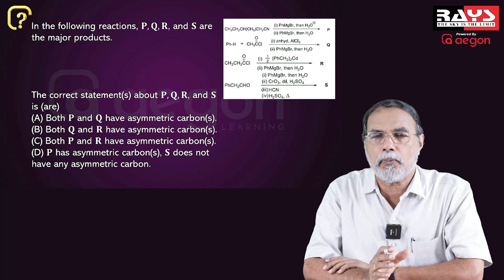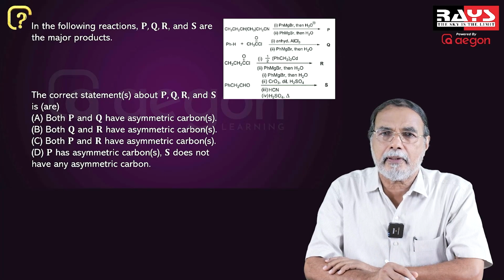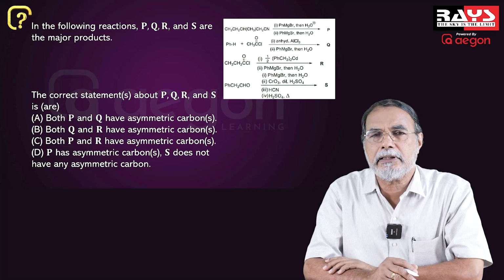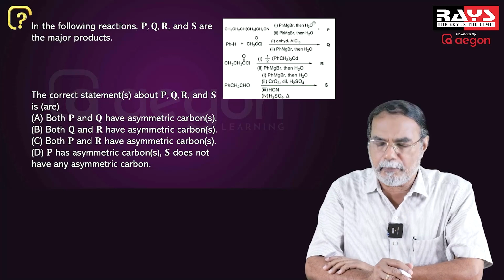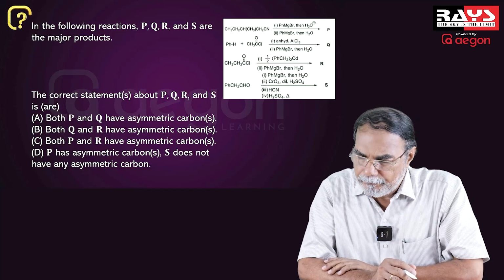So we have to predict the products of the reaction and predict whether the product contains asymmetric carbon atom. So we will take one by one.